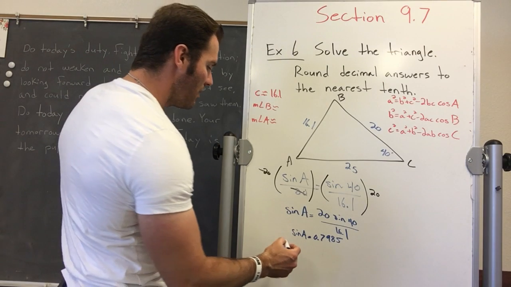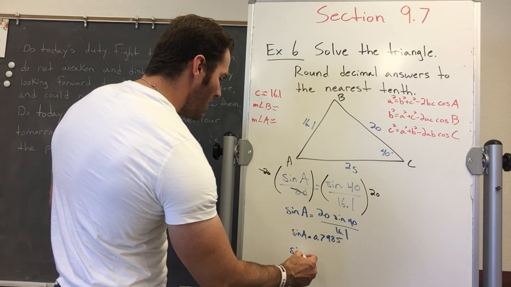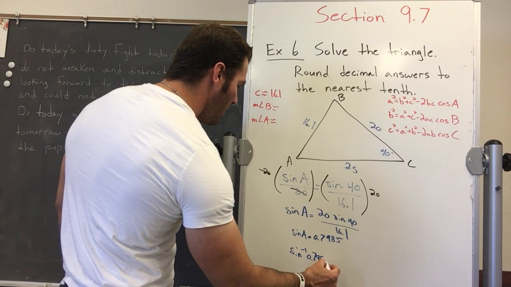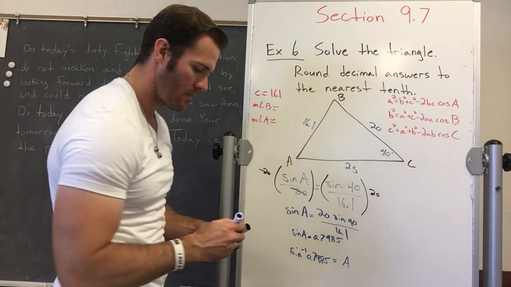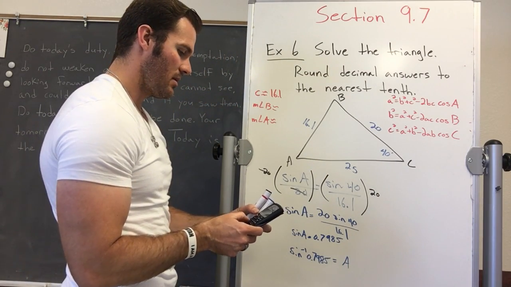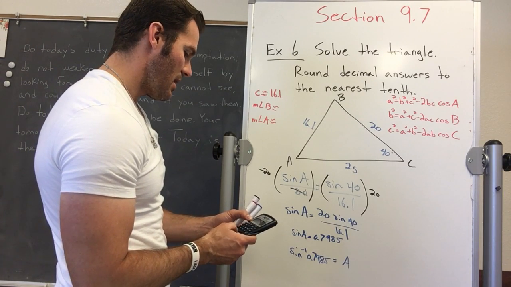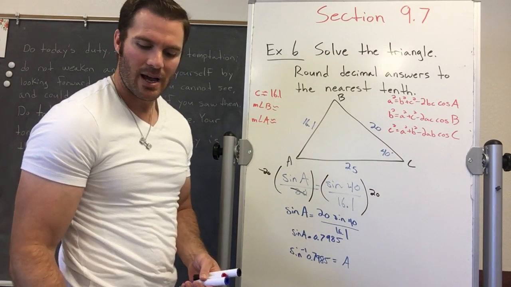Now I've got to do the inverse sine to get that. So inverse sine of this number will give me my angle. So let's clear that. Inverse sine 0.7985 gives me 53.98.